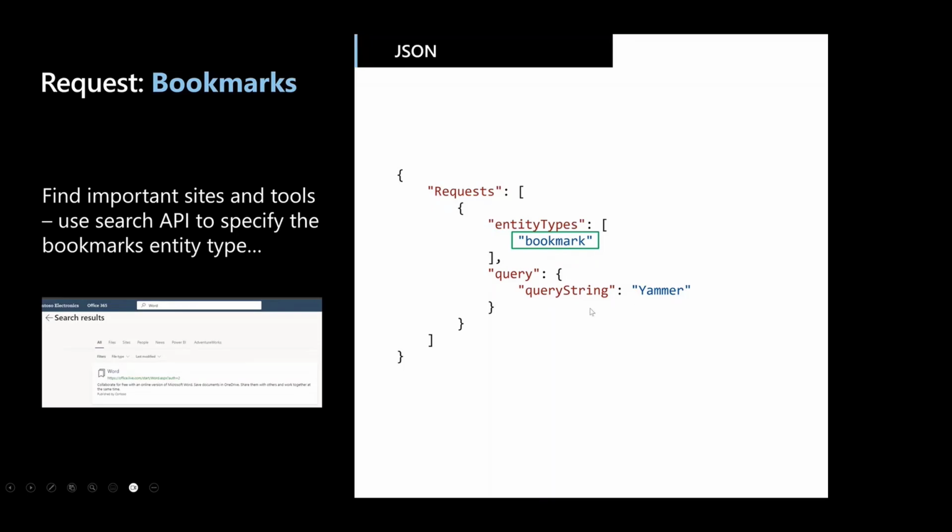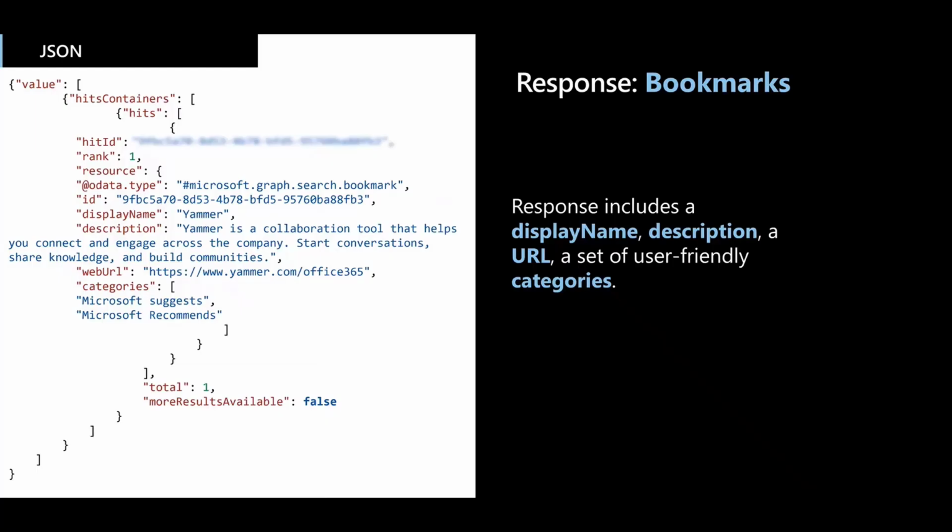I have a sample query string here, and in the response, you're going to get a bunch of information, but the key things are the display name of the bookmark, the description of the bookmark, a URL that points to the bookmark, as well as a set of user-friendly categories that can be configured in the admin portal. I'll walk through what this looks like in a second.